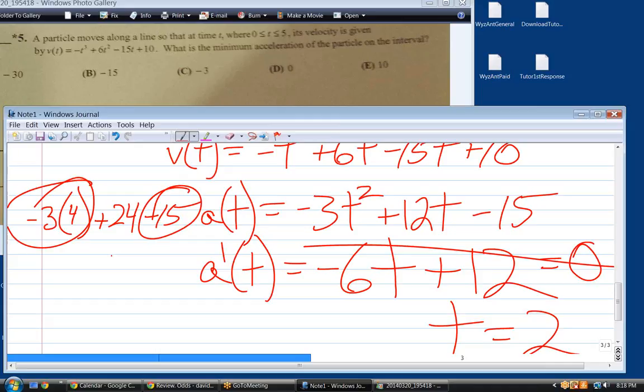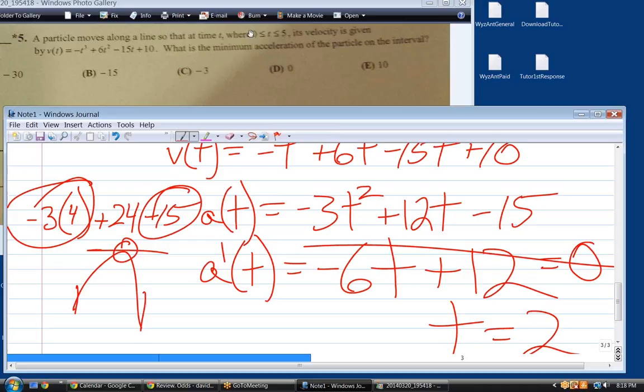Remember that when we take the derivative of a function and set it equal to 0, we are getting the horizontal tangent. And in this case, this is what the curve looks like. So when I set it equal to 0, I'm getting the maximum, not the minimum. In order to find the minimum, I need to check the endpoints additionally, besides just the horizontal tangent.